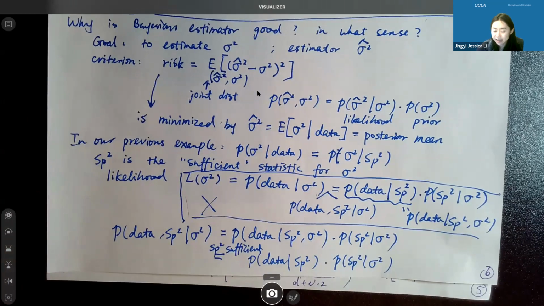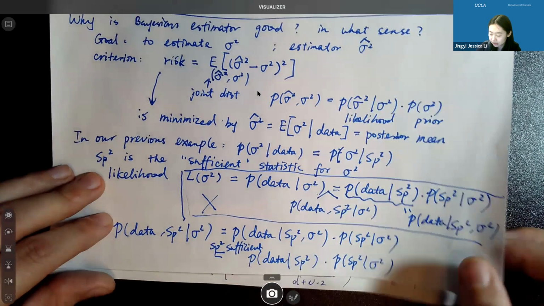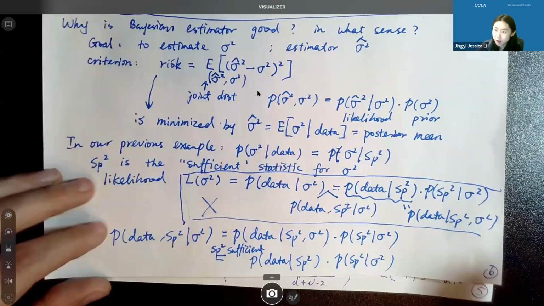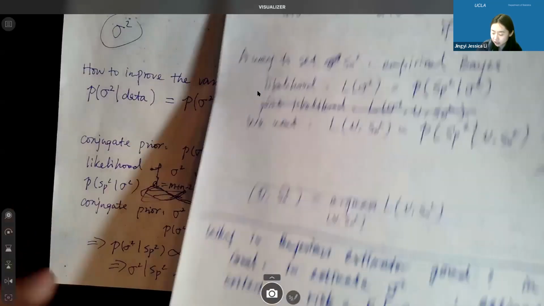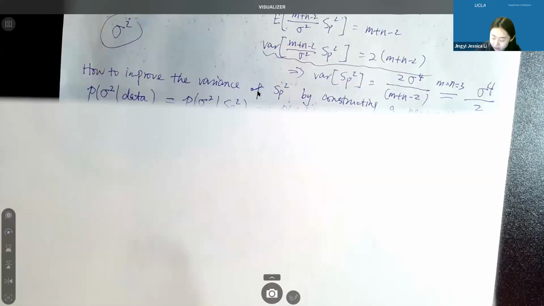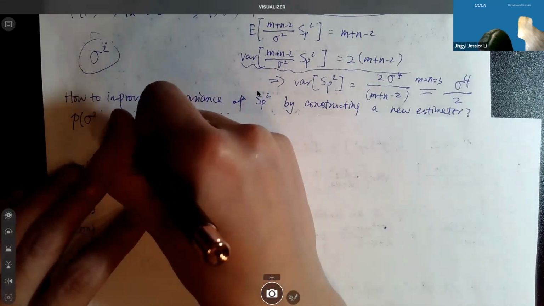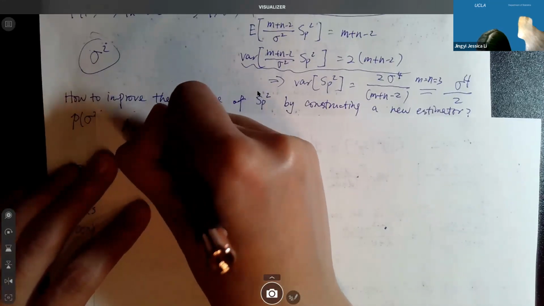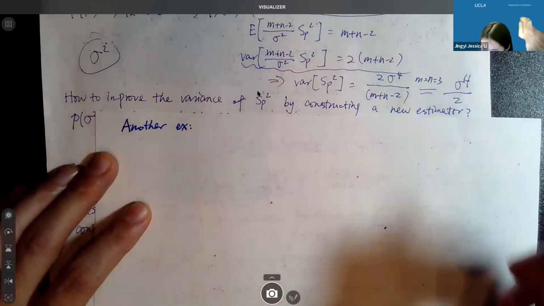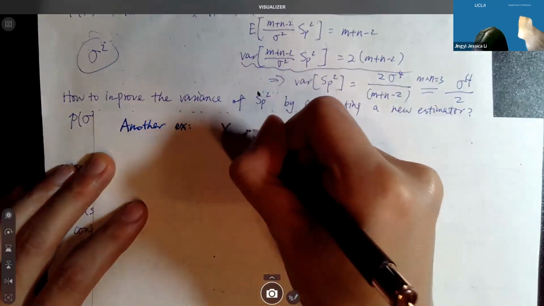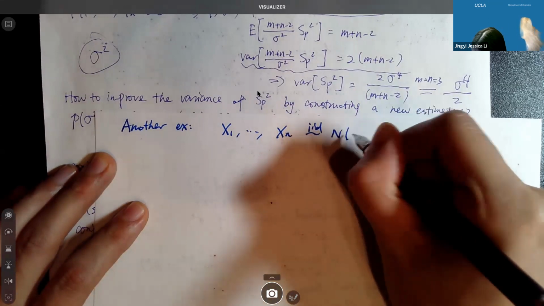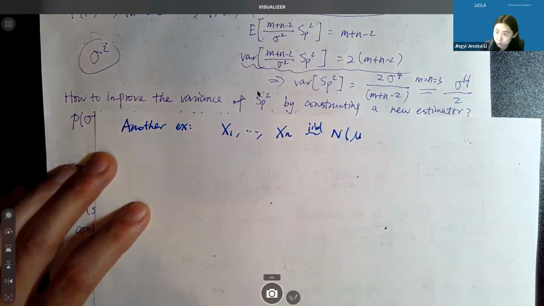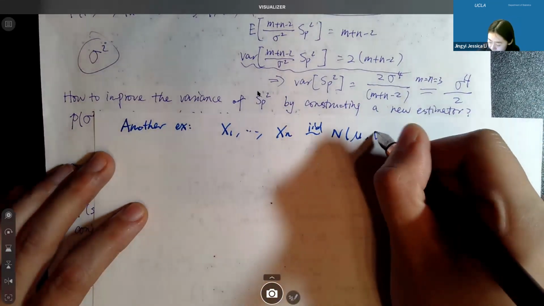So in this case, the pooled sample variance is the sufficient statistic of the common variance parameter. Another example is this. Let's say we have x1 to xn, IID from a normal distribution with mean mu and sigma square.